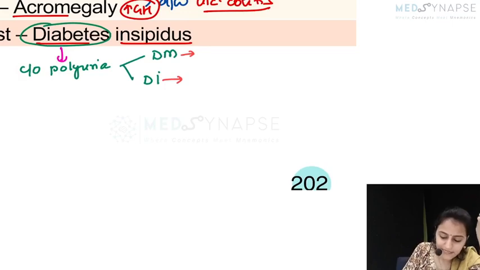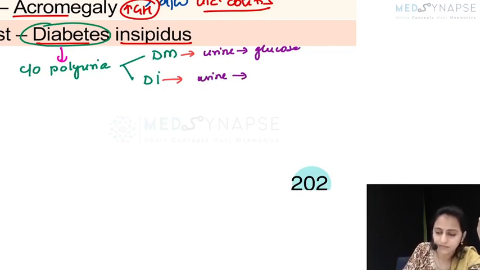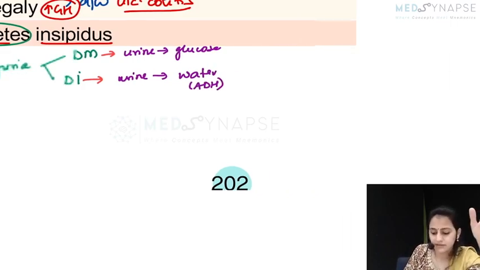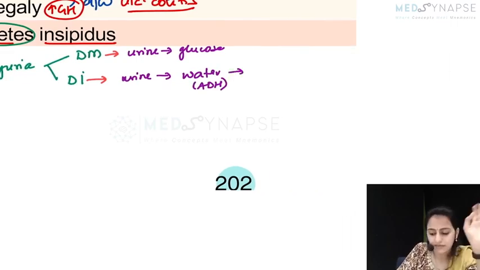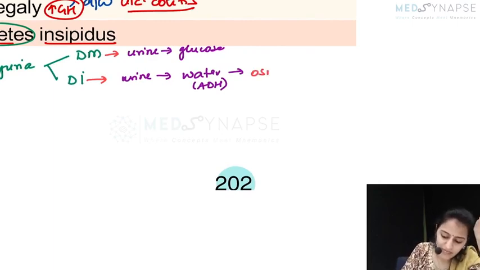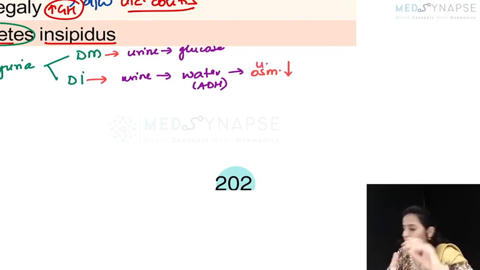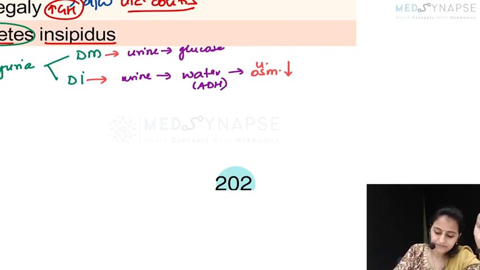In diabetes mellitus, what is going in the urine? Glucose. In diabetes insipidus, what is going in the urine? Water. ADH is just related to water. So here only water is going in the urine. Water is going, so what is the osmolality? Low. Urine osmolality is low. Plasma osmolality is high. While here, because it's glucose, that means the osmolality will be high.